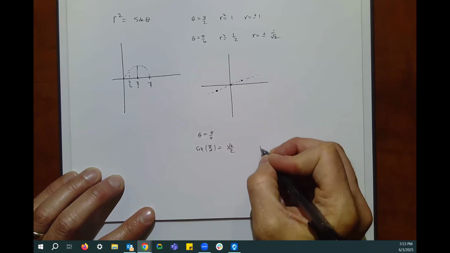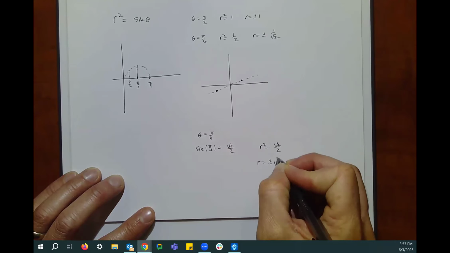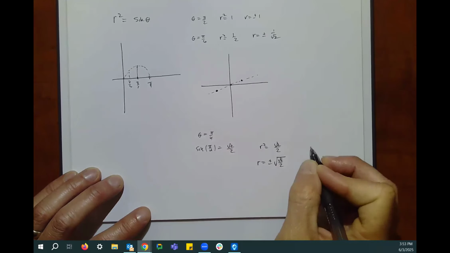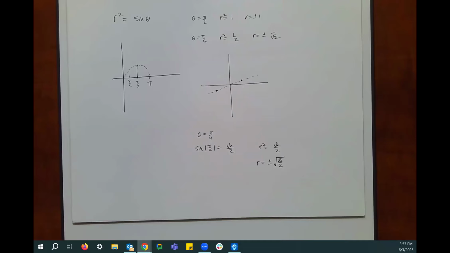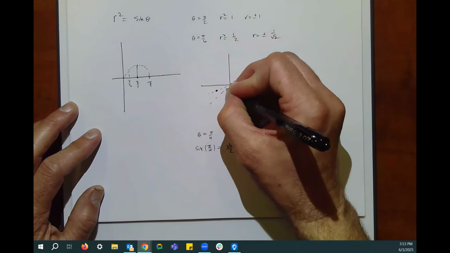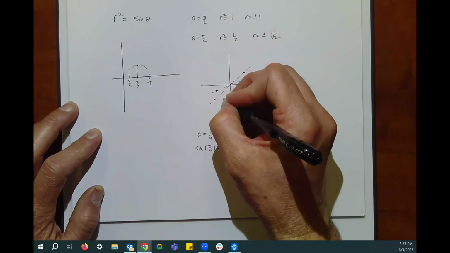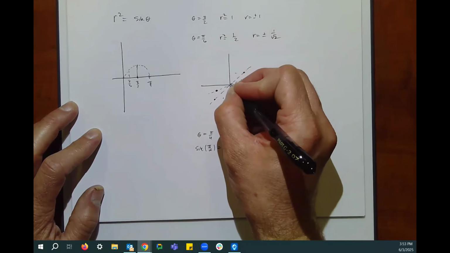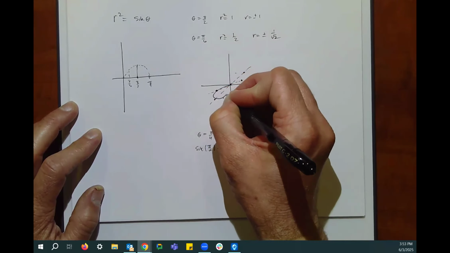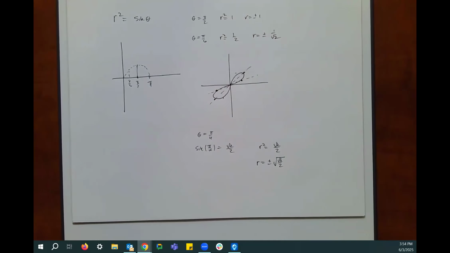And then you get r squared equal to root 2 over 2. So r is plus or minus the square root of root 2 over 2. It just seems totally bizarre. But it's a bigger number, so at that angle, you're a little further out. And then at the next angle, you come back in a little bit, and you get this weird figure eight-ish looking thing. I think it's called a lemniscate. It's very odd.